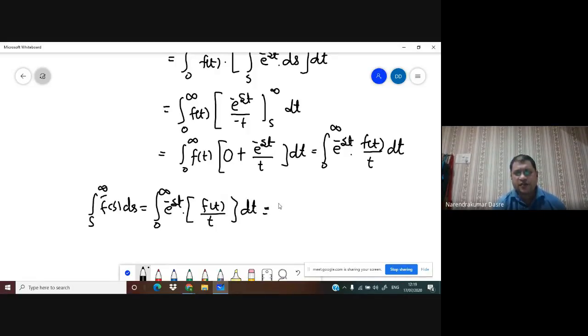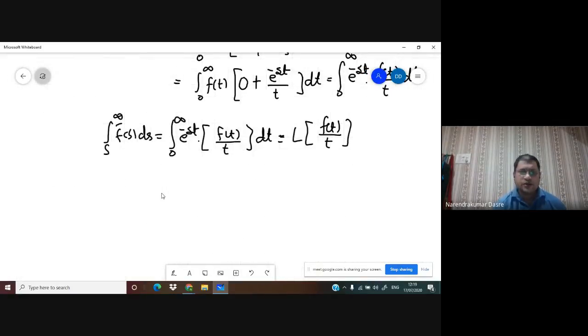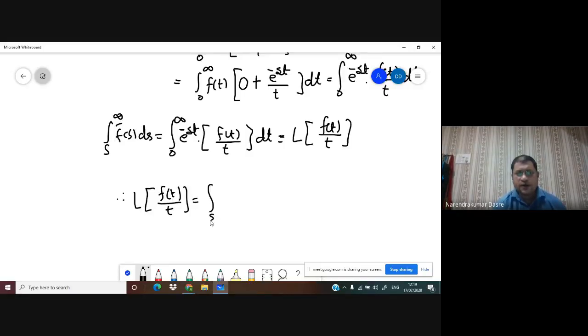By definition, this term is the Laplace transform of f of t upon t. So we get that the Laplace transform of f of t upon t is equal to the integral from s to infinity of f bar of s ds.